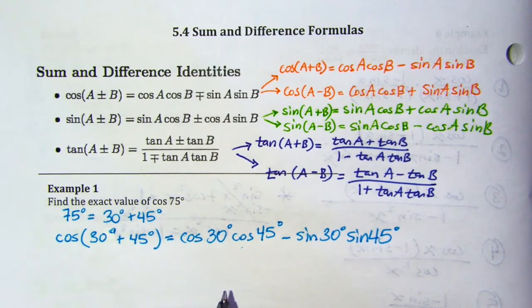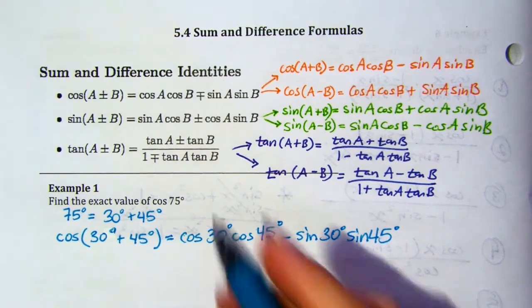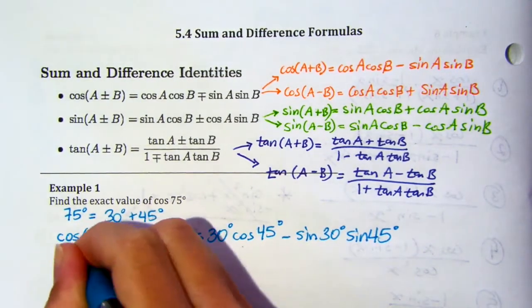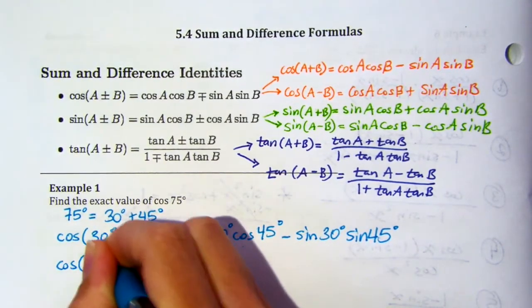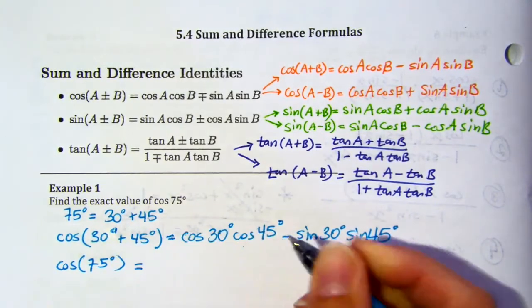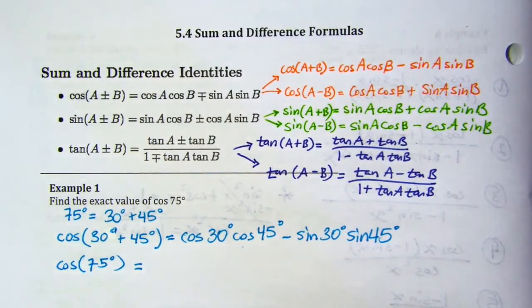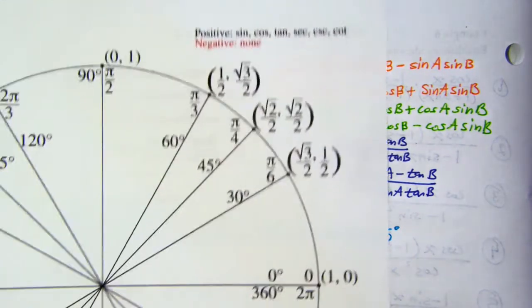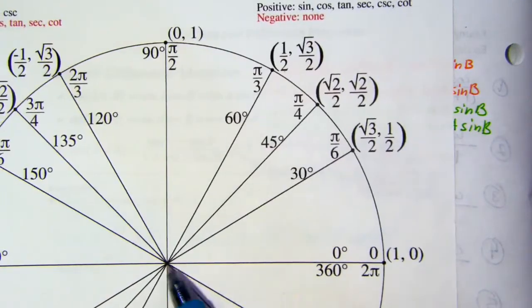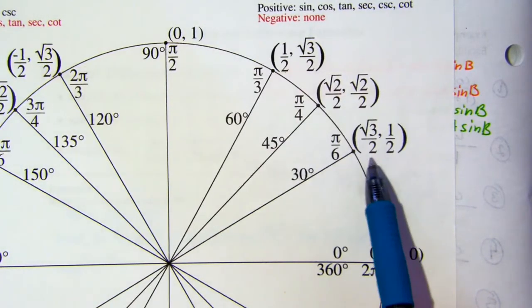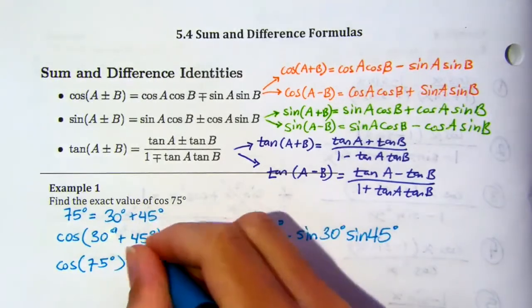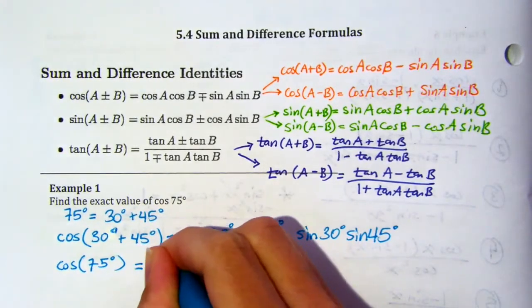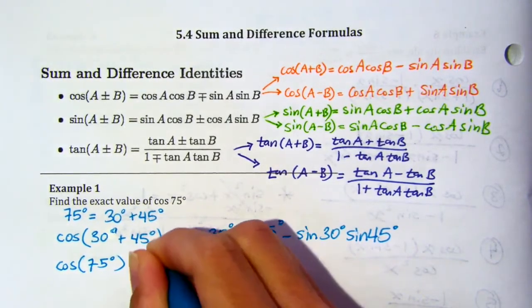We've done that often. The cosine of 75 degrees is going to be equal to the cosine of 30. Let's go to our unit circle. The cosine of 30 degrees, cosine is x, is the square root of 3 over 2. I'm going to replace the cosine of 30 with the square root of 3 over 2.